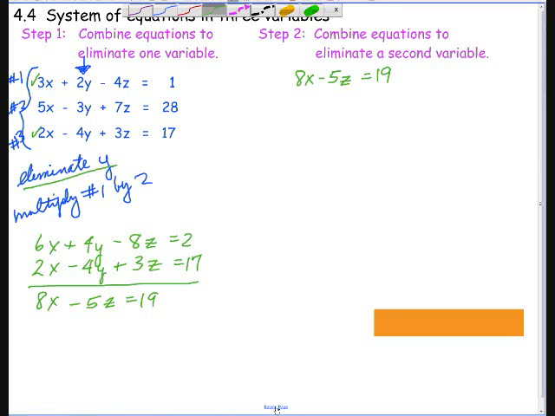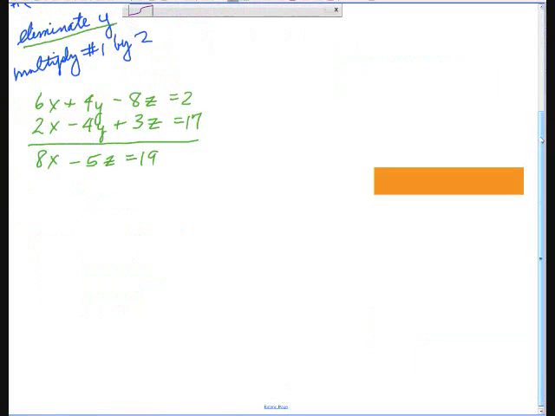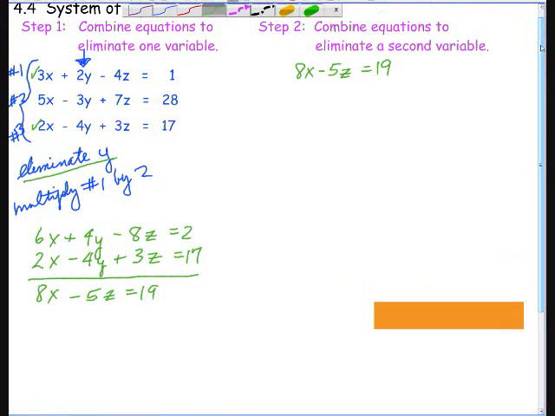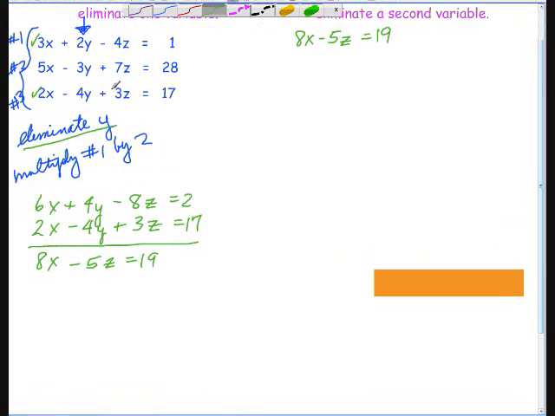I do have to do something with equation number 2. Let's see, what do you think would be the best thing to do with it? I think I'll combine it with equation 1 and equation 2. I'll change my colors again. This time I'm going to have to multiply.